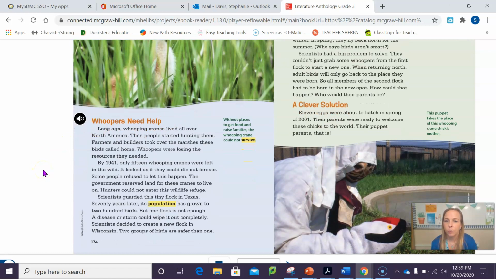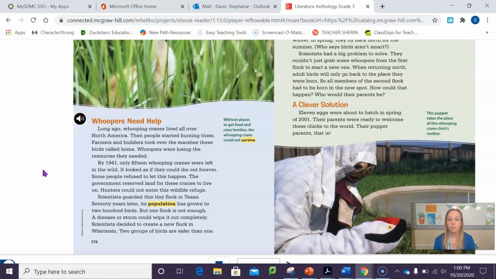Long ago, whooping cranes lived all over North America. Then people started hunting them. Farmers and builders took over the marshes these birds called home. Whoopers were losing the resources they needed. By 1941, only 15 whooping cranes were left in the wild. It looked as if they could die out forever. Some people refused to let this happen. The government reserved land for these cranes to live on.